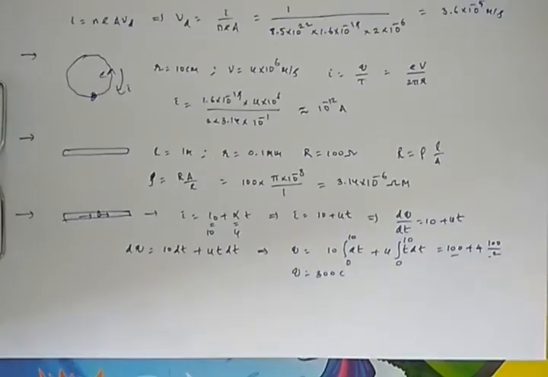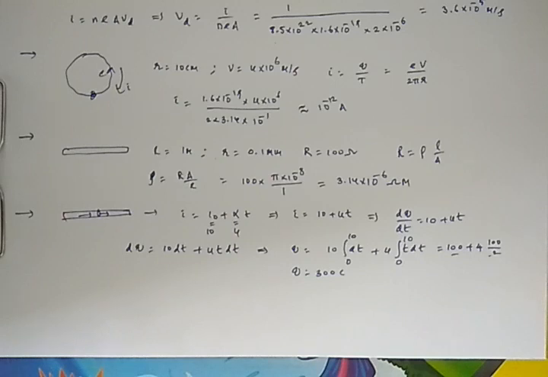The next question is, a current of 1 ampere exists in a copper wire of cross section 1 mm square. Assuming each copper atom provides 1 electron to the system, calculate the drift speed of an electron. The density of copper is given as 9,000 kilogram per meter cube.